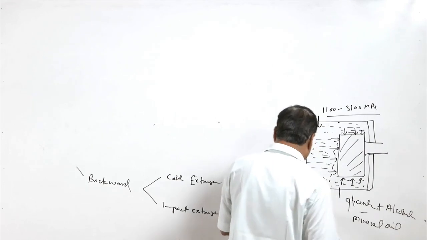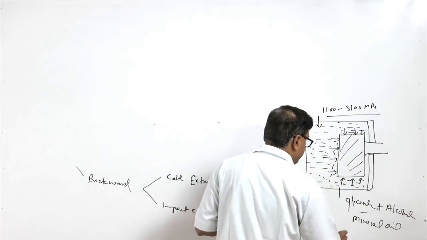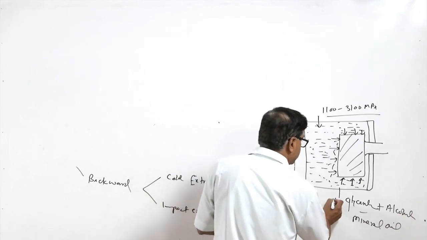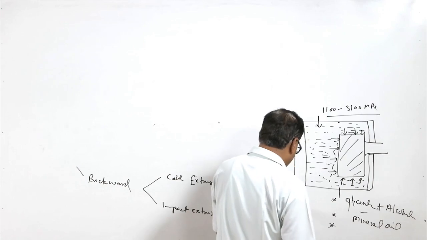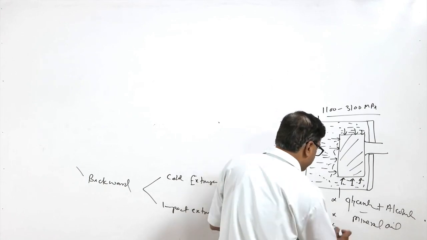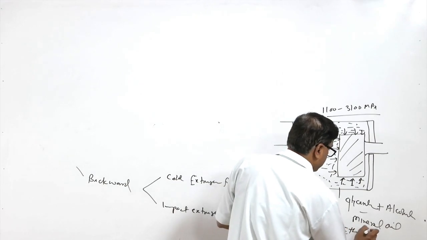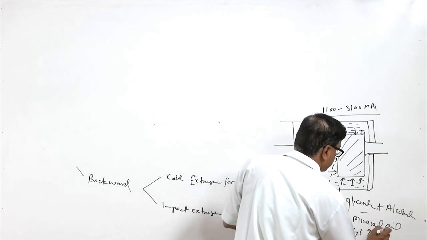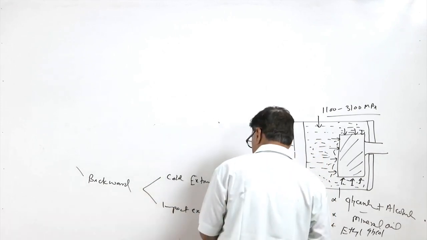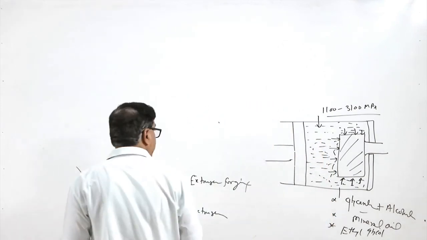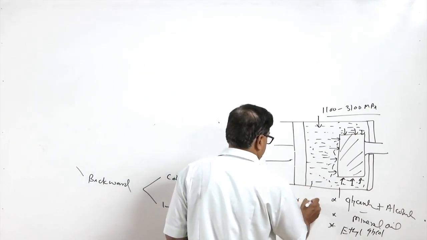So, this is too high a pressure to facilitate the extrusion of the metal, and these are the kinds of oils or fluids which are used, and there is one more, ethyl glycol, which is also used as a fluid for hydrostatic extrusion. Castor oil is also one of them.